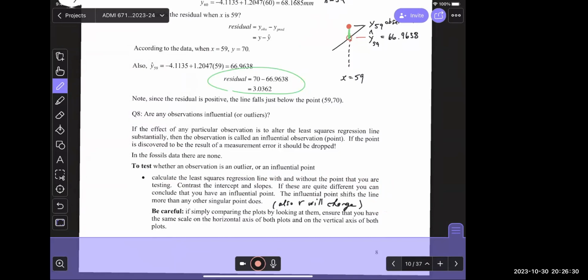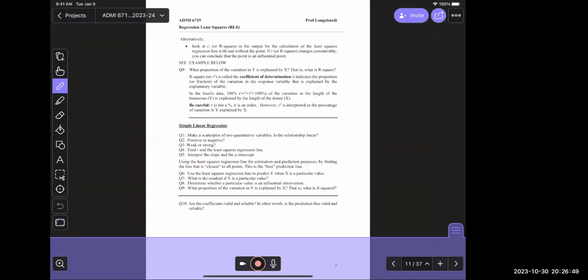Because the line is changing, the R must have changed. Be careful. If simply comparing the plots by looking at them, ensure you have the same scale on the horizontal axis of both plots, or you're looking at two different diagrams.